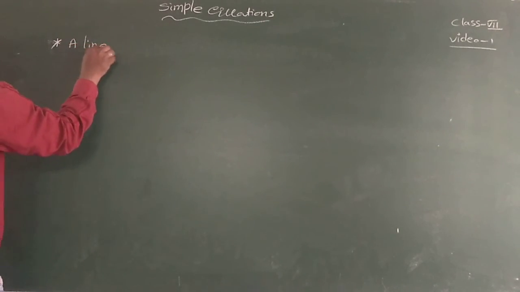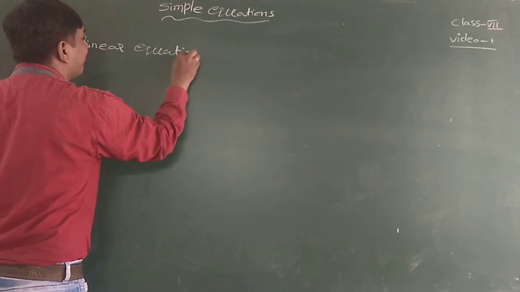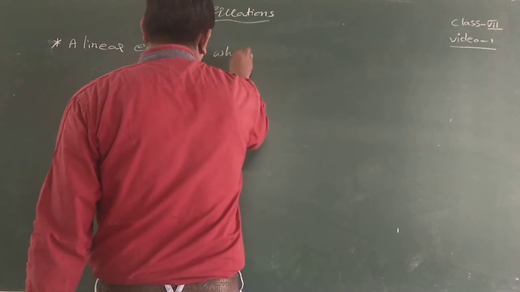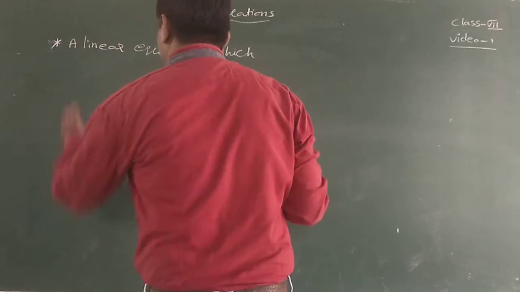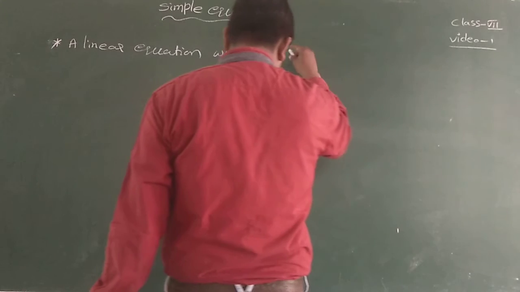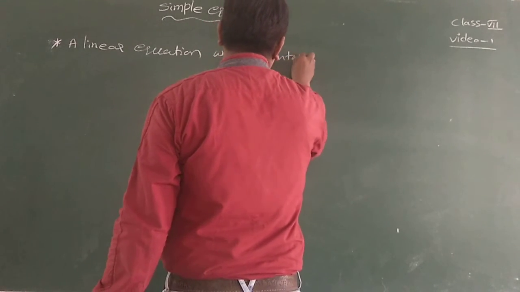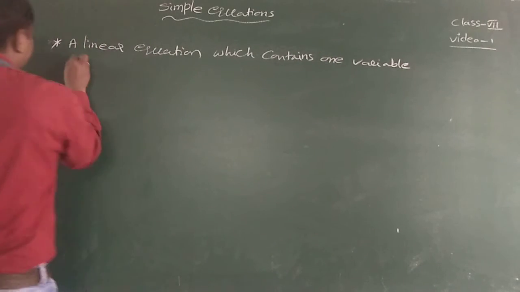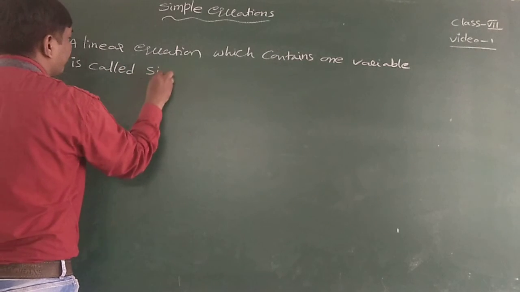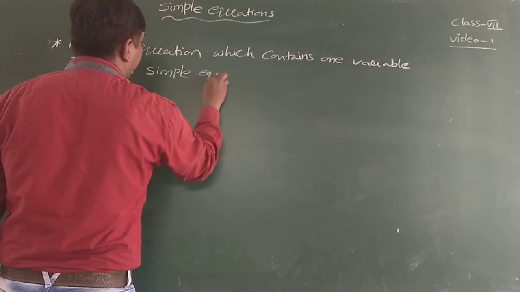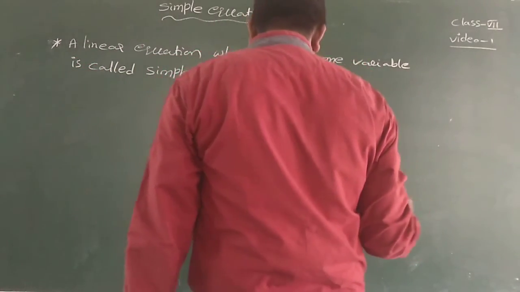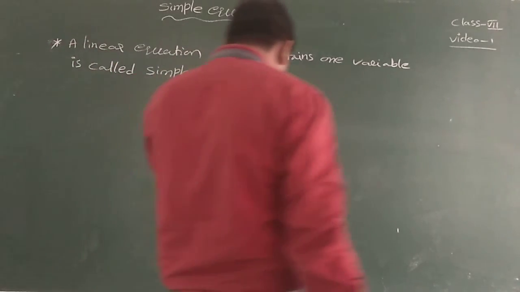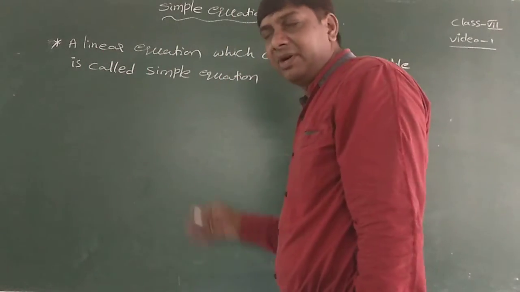A linear equation which contains only one variable, or a mathematical equation which contains one variable, is called a simple equation, or simple linear equation in variable x.